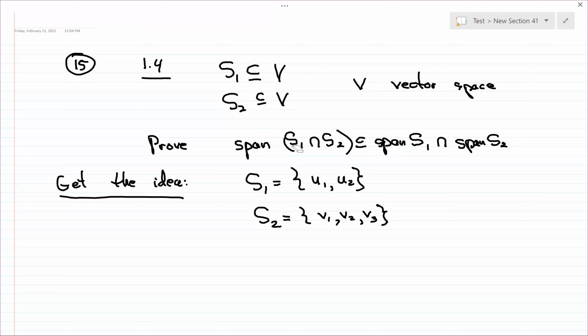Since they're asking us to take the intersection of these things, if these were all different, then the intersection would be empty, and that wouldn't be a particularly common example. So let me make it like this, just to get the idea. Suppose S2 had U1 again and U2, but it also had U3, where these are all distinct.